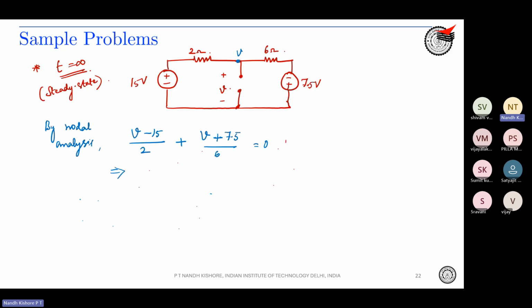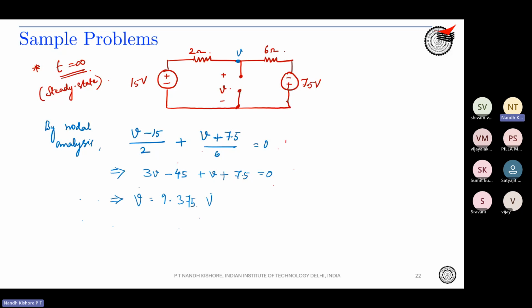So I can just solve this. So 3V minus 45 plus V plus 7.5 equal to 0. Therefore, I will get what is V. So I am getting V equal to 9.375 volts. Is this fine?